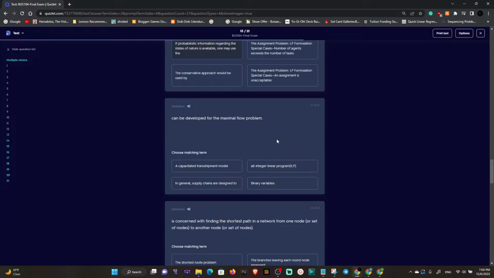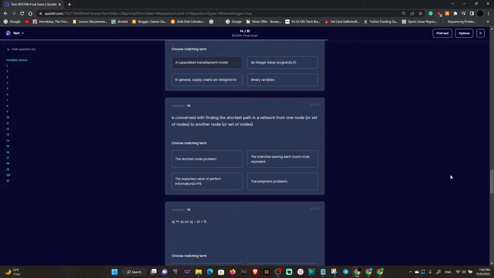Can be developed for the maximum flow problem. That's a capacitated transshipment model. You're up. It's concerned with finding the shortest path in a network from one node to another node. That was A.